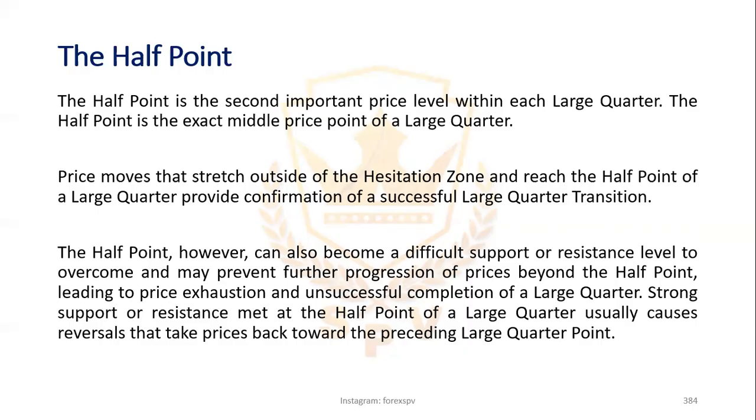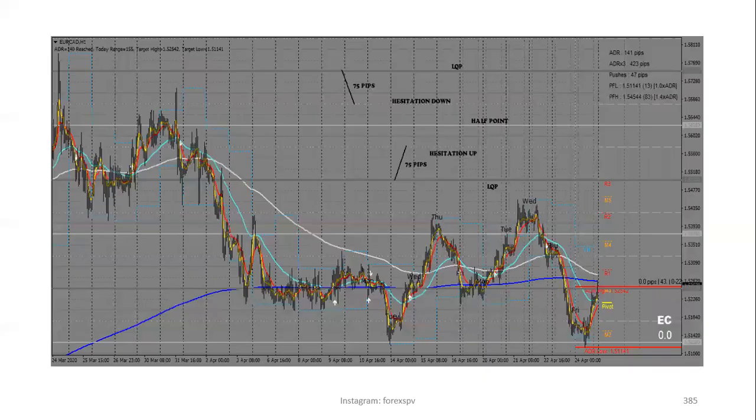This will lead to price exhaustion and unsuccessful completion of the large quarter. So we have the station zone and the half point as strong support and resistance that may prove difficult to overcome. Here, this is the large quarter point below. 75 pips up is the station up, 75 pips down is the station down, and we have the half point right there.